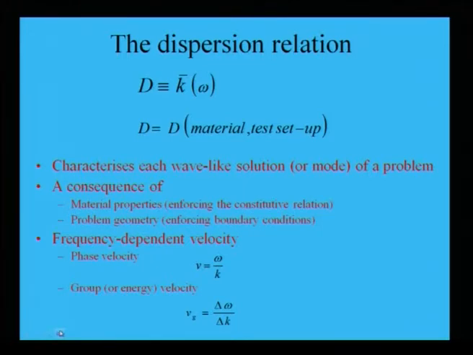So D is the material or test setup, D is nothing but the test setup characteristics, each wave-like solution or mode of a problem, that means a consequence of material properties, enforcing this constitutive relation. That means if the material property changes, the constitutive relationship has to be incorporated.